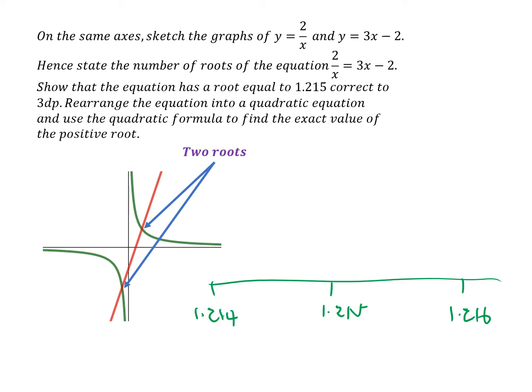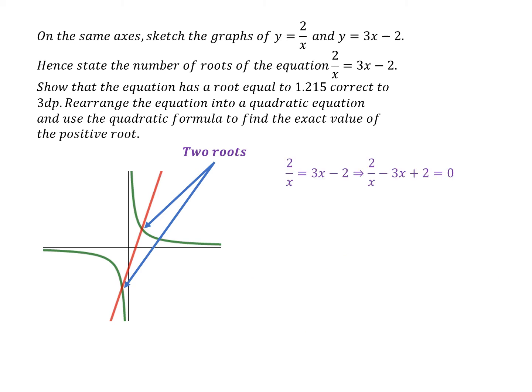So if we want to prove that it's 1.215 to 3 decimal places, we need to show that it's closer to 1.215 than it is to either of these two numbers. So we have to show that it lies somewhere in this interval, which is between 1.2145 and 1.2155.